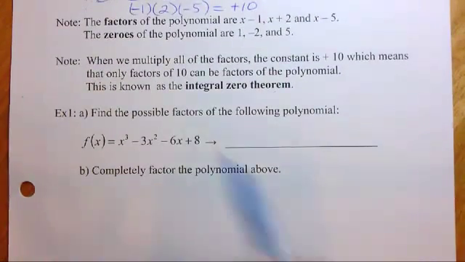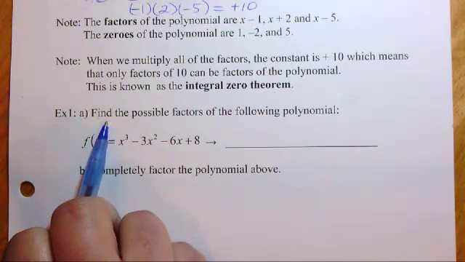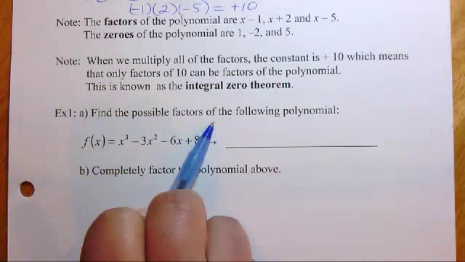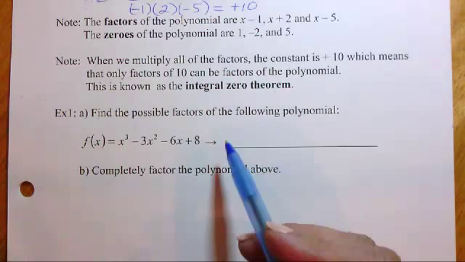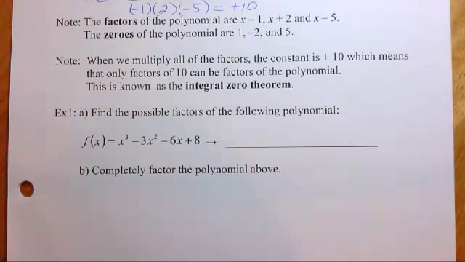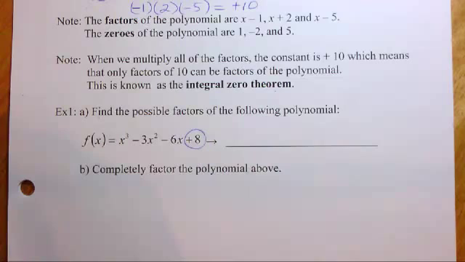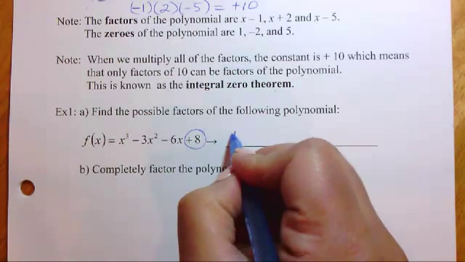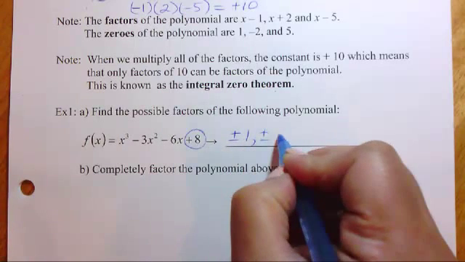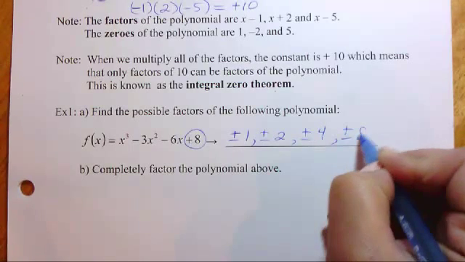So this leads us to an easier way to narrow down the number of possible factors of the following polynomial. Because really, how do we know what numbers to choose, where to start, where to end? For this, we're going to look at the 8, and take all the factors of plus 8, which is plus minus 1, plus minus 2, plus minus 4, and plus minus 8.